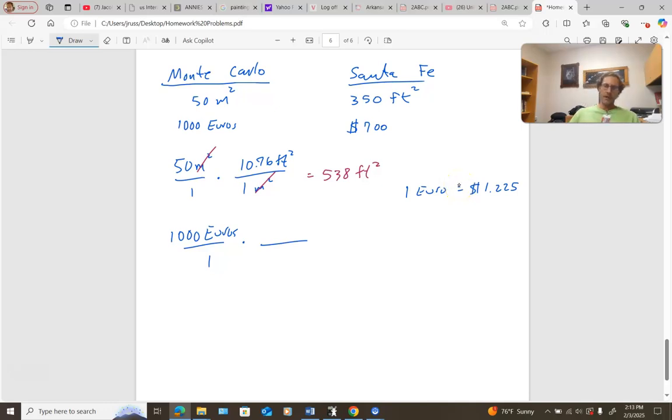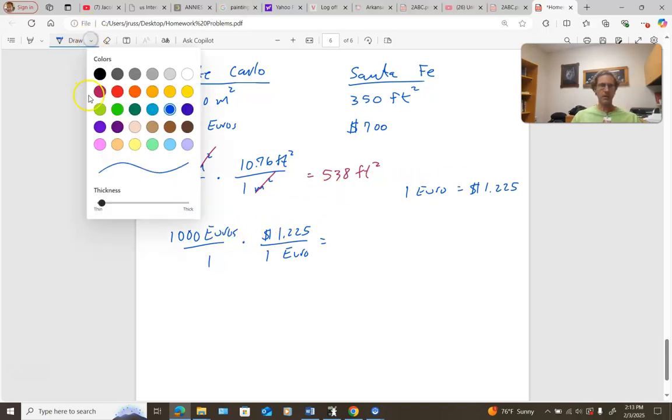But anyway, I want my euros to cancel, so I put the 1 euro on the bottom and $1.225 on top. And guys, I multiply straight across. My euros are going to divide out.